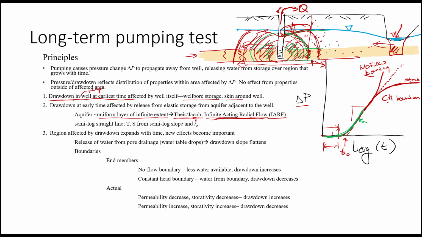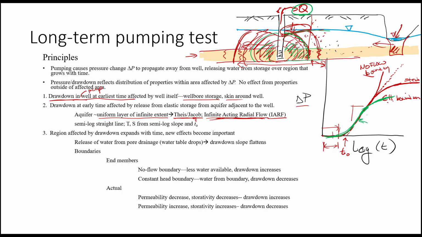So what that means is that we're going to have this flatten out. As we start to have the water table become involved and drop and release water from storage, we just don't need as much drawdown as we would otherwise to generate this much flow. So we have a flattening of the drawdown.